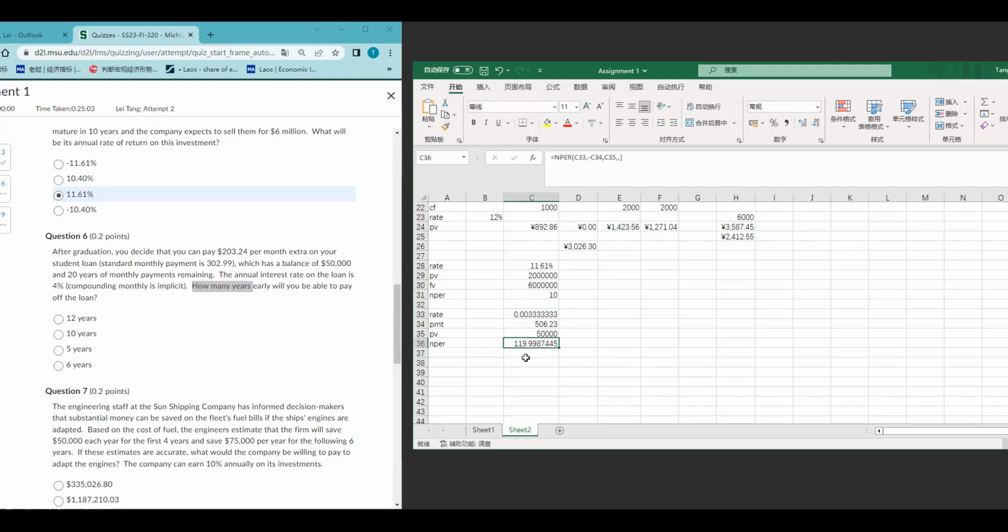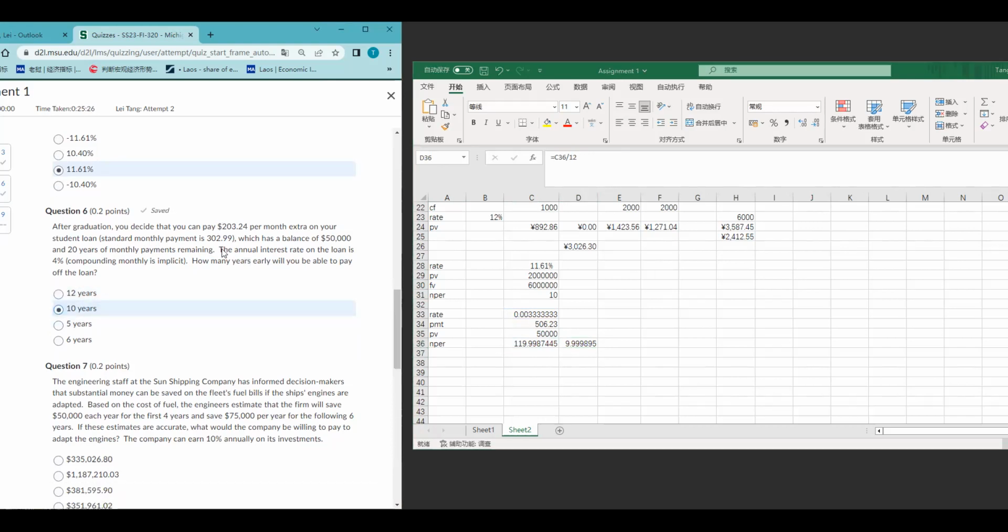So the answer is 119 months. But the question is how many years, right? So we're going to use C33 divided by 12. It's going to be almost 10 years. So 10 years is the answer for question 6.